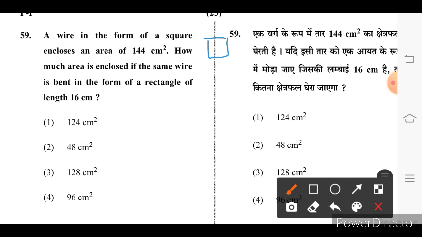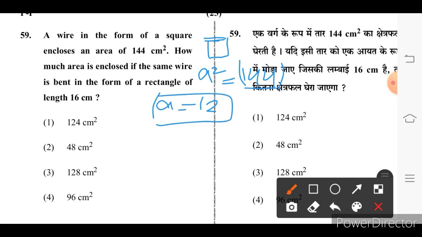What is the formula for the area of a square? Area is a squared, that means side square. So side square value is 144. It is the square root of 144, which is 12. So a is equal to 12. That means one side of the square is 12.